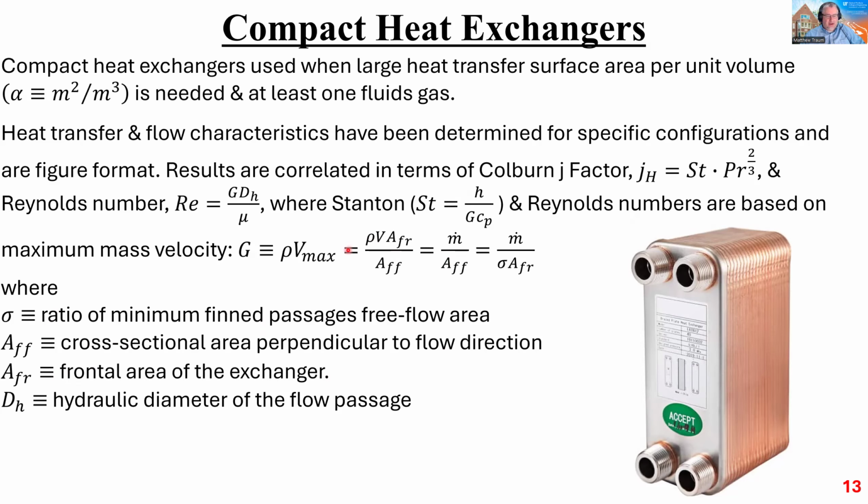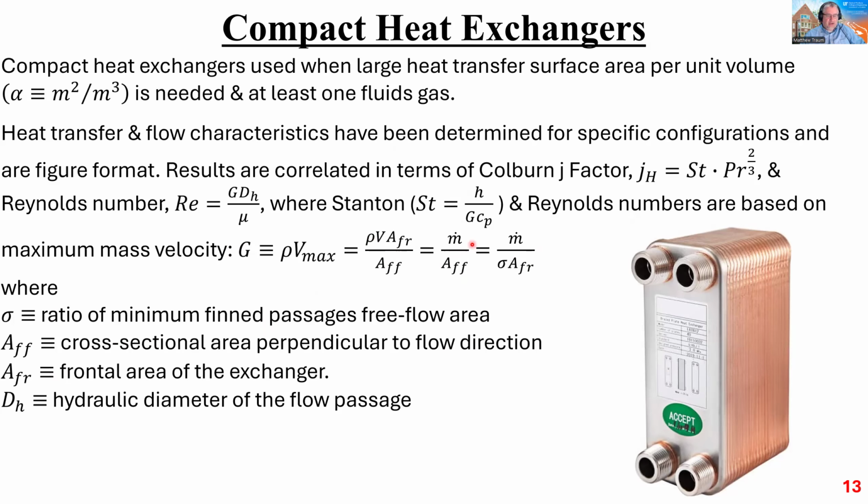But these are all different ways to get to G just based on the mass flow rate and the geometry of the heat exchanger, right? So these values, A_FF or A_FR and sigma, should be given by the manufacturer, and you as the engineer know how much mass flow you're putting through this thing.